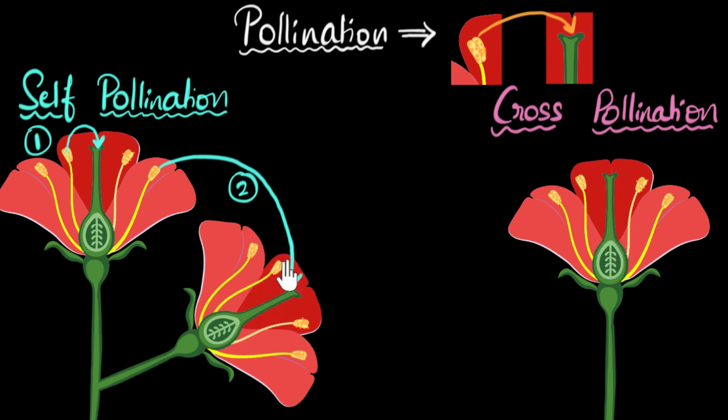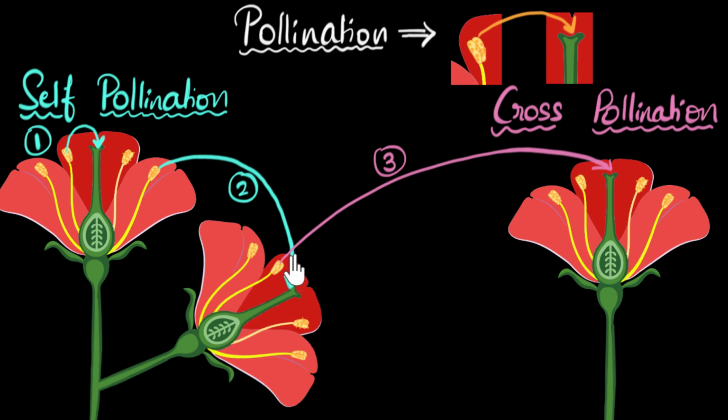For example, if pollen grains go from here all the way to the stigma of a different flower belonging to a different tree altogether, then that is what we call cross-pollination, across two different plants. Of course, the same species, but two different plants altogether. I'll call this number 3. This is in pink, so this is cross-pollination.